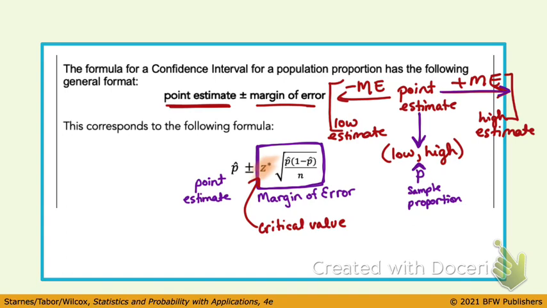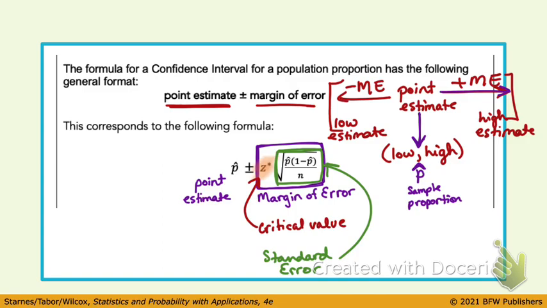And then we have our standard error, which is this part of the margin of error. That tells us the value of the standard deviation that we're going to multiply by that critical value. Okay?